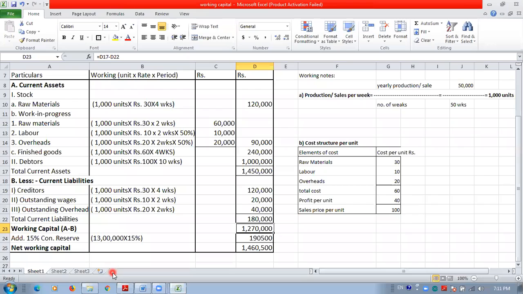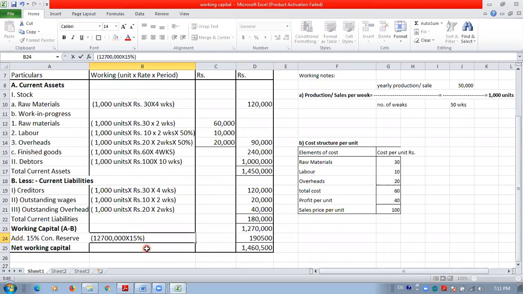If it is written in your problem to take 15%, then we take 15%. If it is stated in the problem to take 20% as contingency, then you have to take 20% as the contingency reserve, and it is calculated on the working capital. In this case our working capital is 12 lakh 70,000, as it has changed, right? Because we had not written this 50% earlier, so on this 12 lakh 70,000 only we have to consider the contingency reserve.